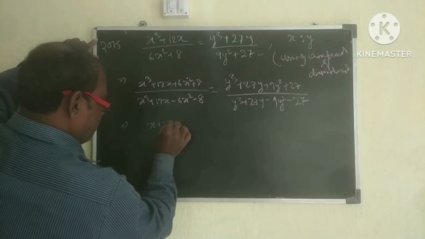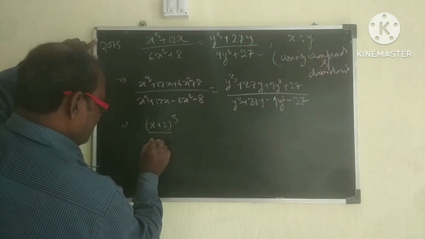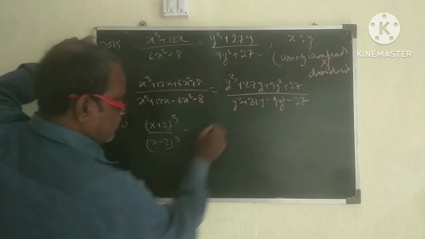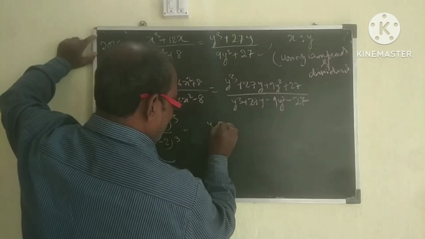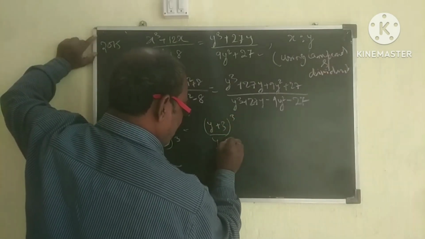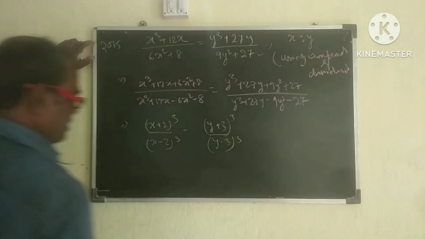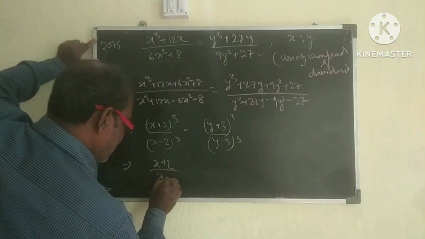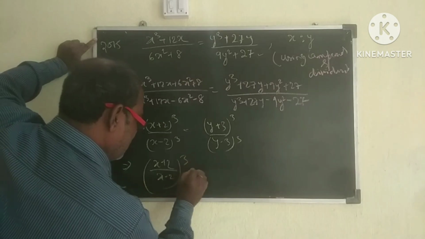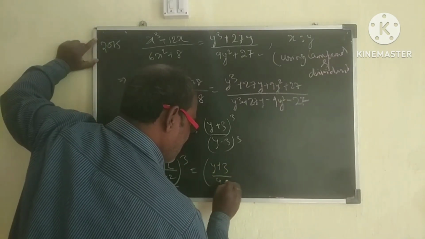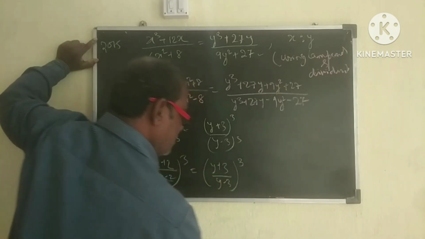So this is in the form of x plus 2 whole cube by x minus 2 whole cube equals y plus 3 whole cube by y minus 3 whole cube. So this you can write as x plus 2 by x minus 2 whole cube is equal to y plus 3 by y minus 3 whole cube.